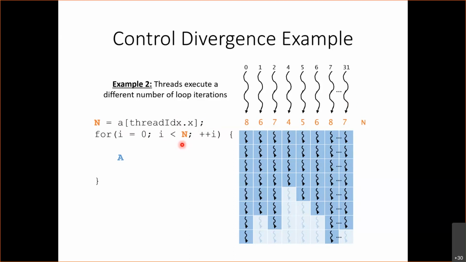One optimization the programmer can do is, if our computation allows us to somehow sort A, then we can sort A such that some warps will have large values of n, and the threads in other warps will all have small values of n. This helps reduce the control divergence a little, and it is commonly done in applications that suffer with this kind of code. We will look at an example of this optimization much later in the course.